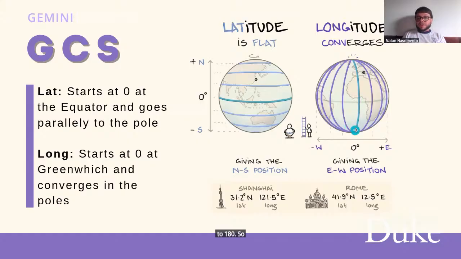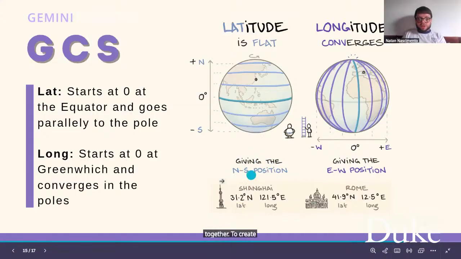So this will give us east and west. East, so right, is a positive number. West, left, is a negative number. So latitude and longitude will converge together to create the pinpoint.